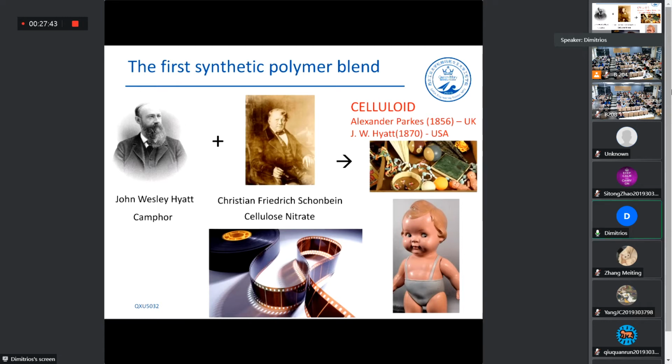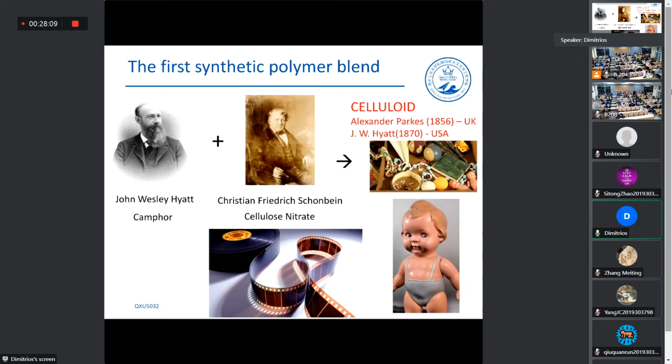I also remember that more than half of the plastics produced in 2010 were in the form of a blend. Okay, so you can realize that blends are a very important family of polymeric materials.